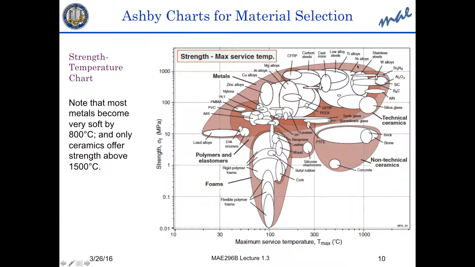So the considerations we have will be between technical ceramics and refractory metals and high temperature nickel-based alloys. You can see now these alloys, magnesium, aluminum, copper, and so forth, they might have some reasonable strength, but their maximum temperature capabilities is quite limited in here.